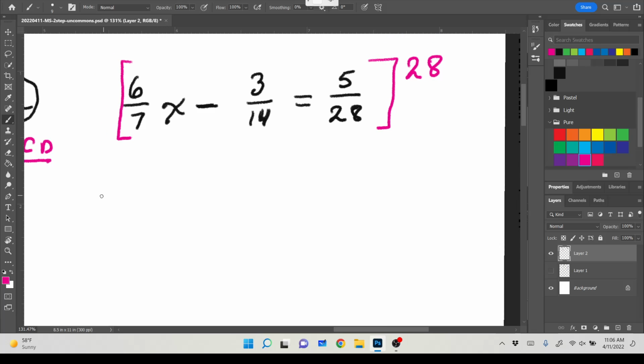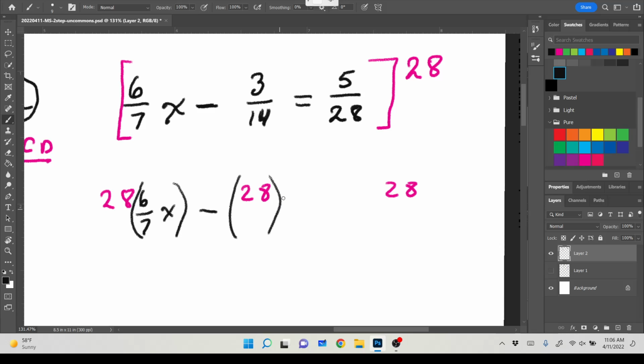So we end up with 28 times each thing. Right? So 6/7 x times 28 minus 28 times 3/14 equals 28 times 5/28.